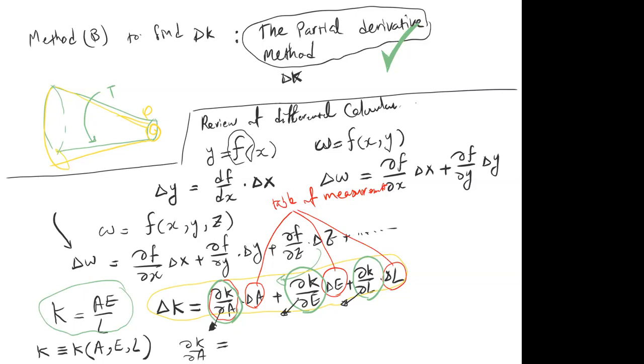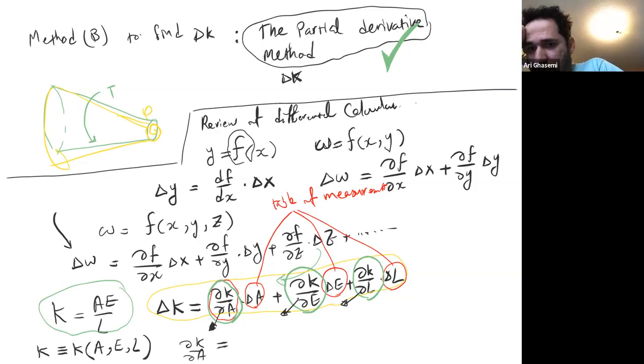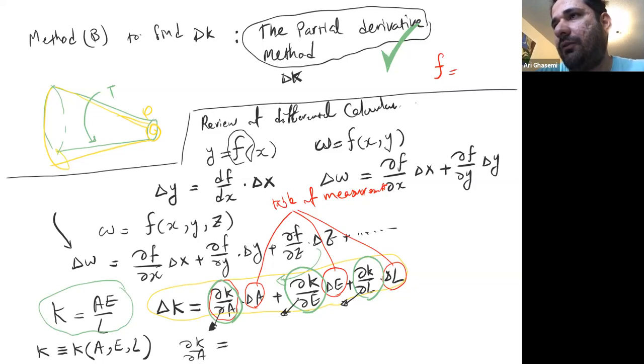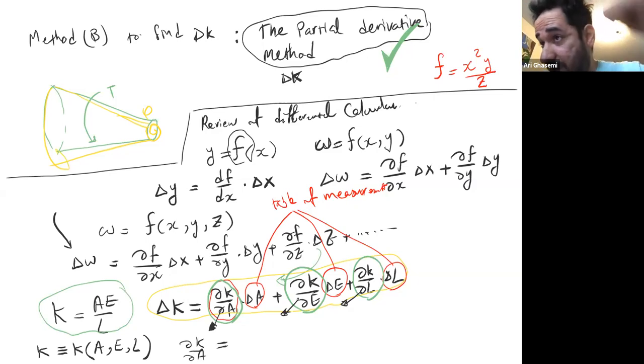Would it be 1/2 E over L times A squared? No. Let's put it another way. You remember, for example, in calculus when you had f, I'm writing on the top right with a red pen, f equal to, for example, x squared times y divided by z. This was a function of 3 variables.